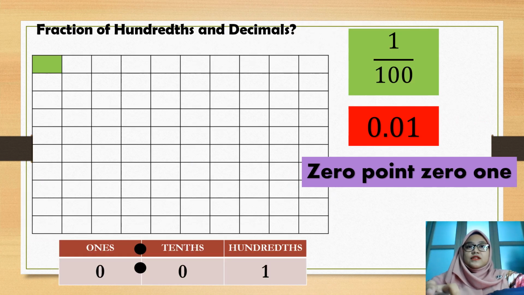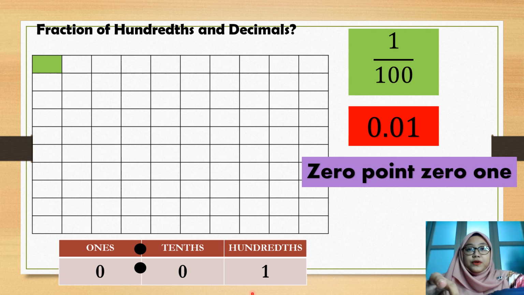Okay, so this is a 100 grid. I colored 1 part of 100 and it becomes 1/100. In decimal, we call it 0.01. Repeat after me. 0.01.